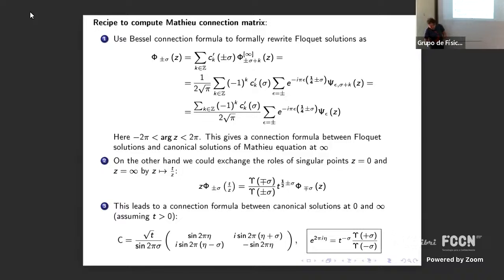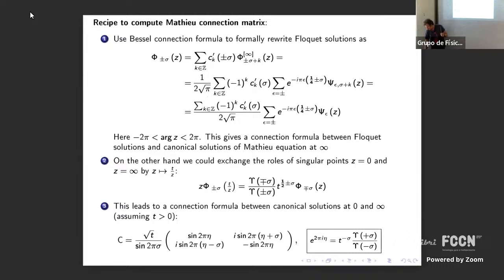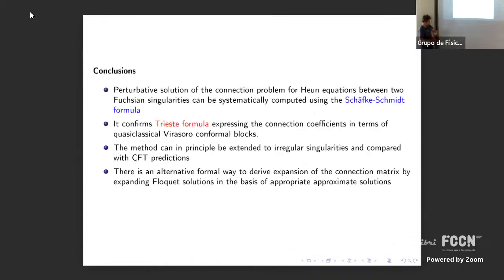And as I told you before, the non-trivial guy here, this epsilon, is something that we can easily compute, easily expand in powers of t, and have a series with rational coefficients in sigma. And as expected, this corresponds to the prediction of Alessandro, Giulio, and their students.